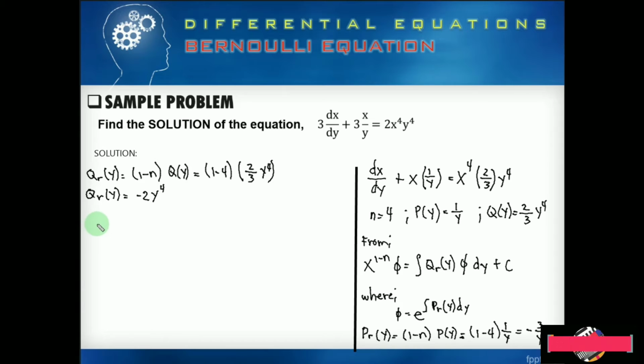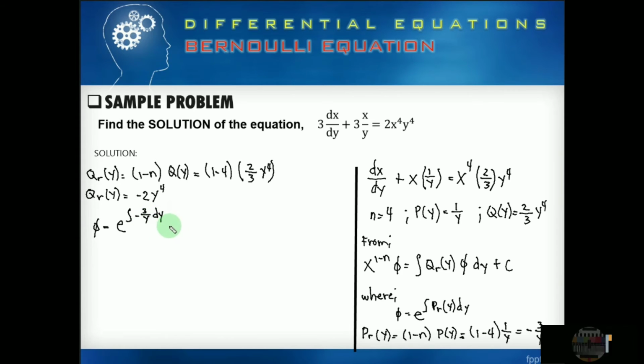So we can say na meron na tayo dito. So ang ating phi dito is just equal now to e raised now to the integral of negative 3 over your y, okay, dy, okay? So yung p subscript r as a function of y dito is itong negative 3 over y, kaya nagiging negative 3 over y siya dito, dy.